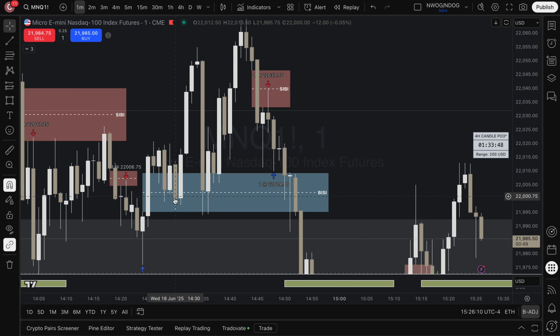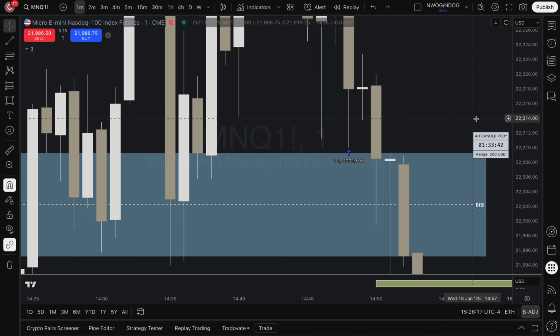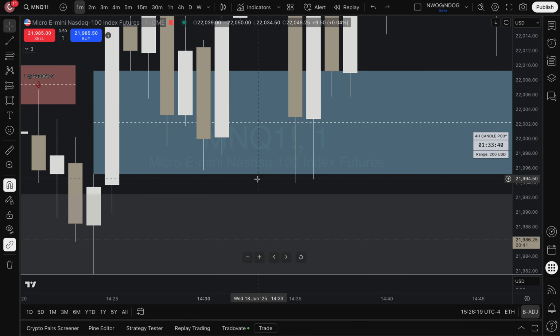Now you can see we kind of chopped around, and it did leave a little sliver of it open. Let me zoom in. Little sliver right here open. That's good. It means there's still about 3 ticks of this, which is still classified as an imbalance.